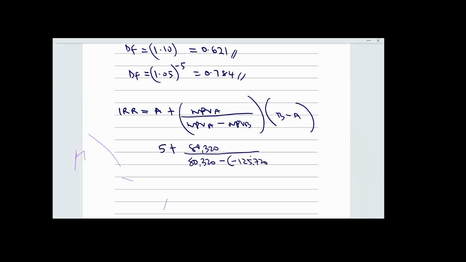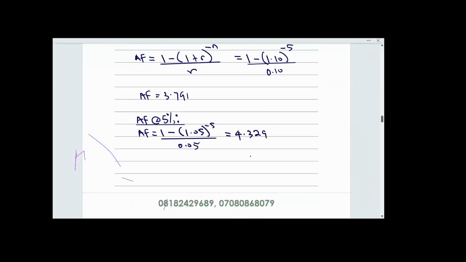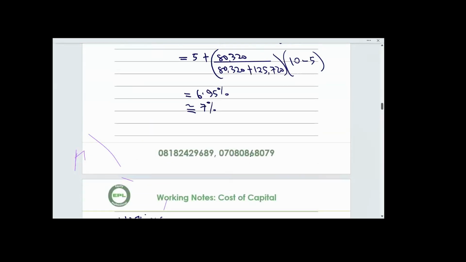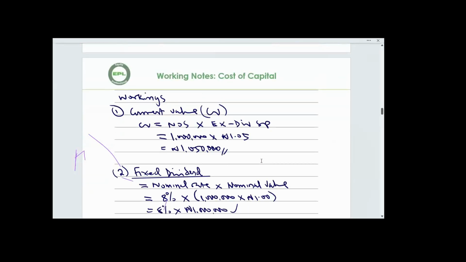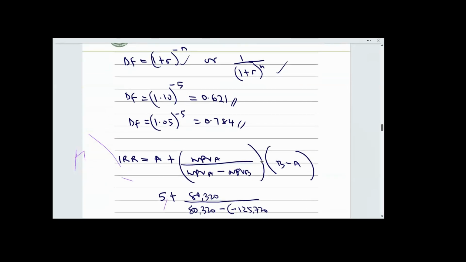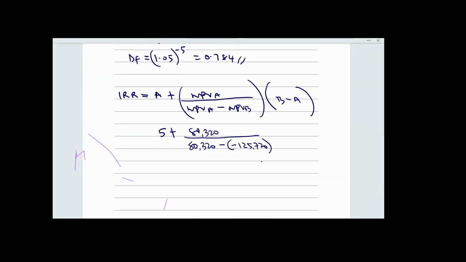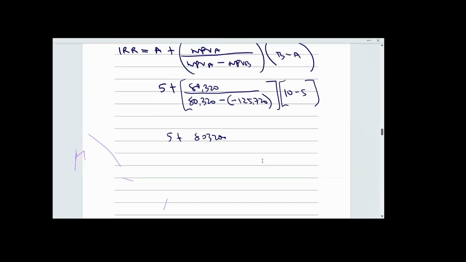Is it 720? Let me confirm. Yes, 720. Then all of this multiplied by 10 minus 5. So you can see minus times minus will turn to positive. I will just say 5 plus 80,320. When you are doing this, just a waste of time.